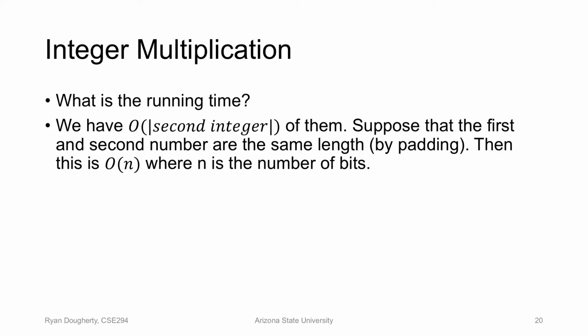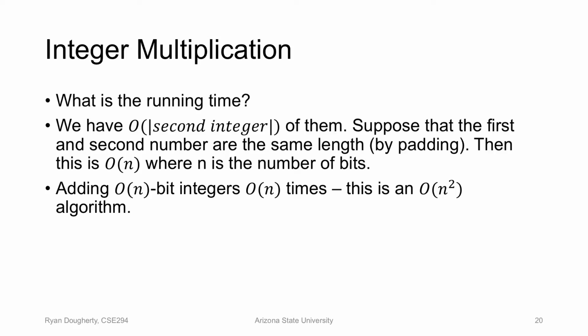So how long does it take to add two n-bit numbers? N-bit, I'm worrying about the bits now. Well, you have to read every single entry in the number, right? How long does it take to read n bits? O of n, right? So it takes O of n time to read and add two n-bit numbers, and I have n of these numbers to add.